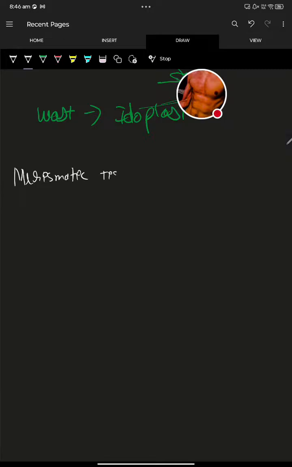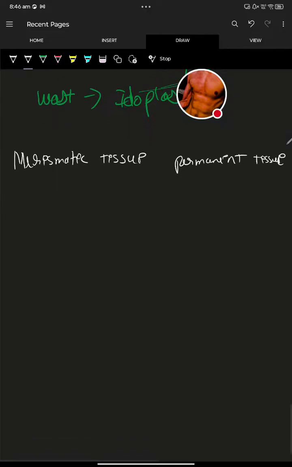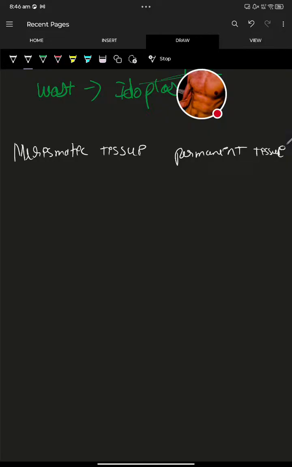Meristematic tissue and permanent tissue, right? Meristematic tissues are immature, have no fixed shape and size, thin cell wall, are localized, found in a specific location, and show cell division.